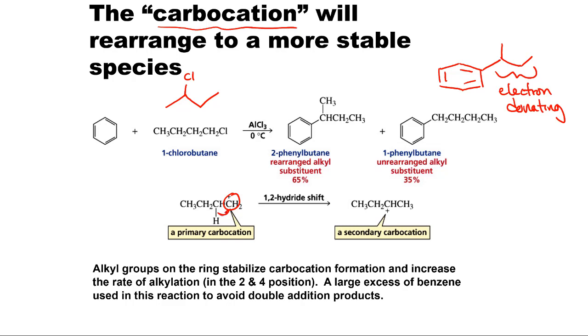The large excess of benzene that's used in the reaction to avoid double addition products also has to be removed at the end so that you don't have all that solvent in the reaction, just to isolate your product.